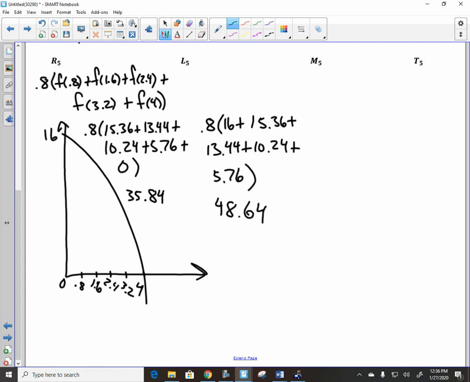Any questions on that? Can we now find the trapezoidal? How? 35.84 plus 48.64. We divide by 2. What'd you come up with? Is everybody okay with that?